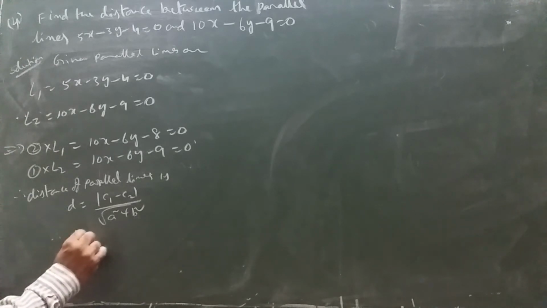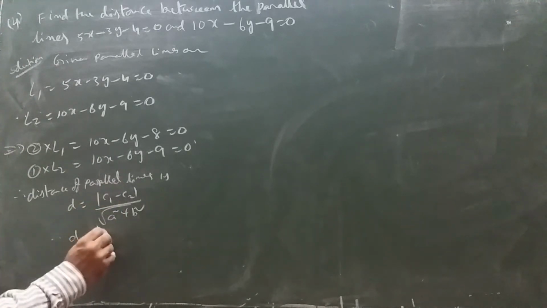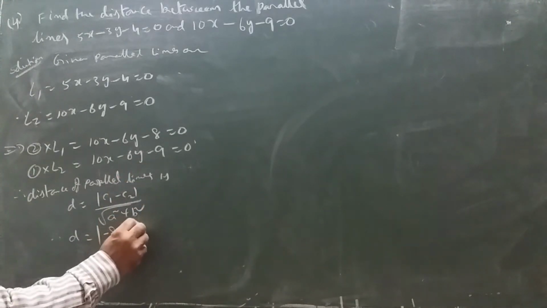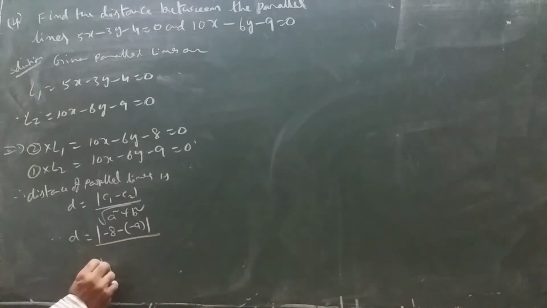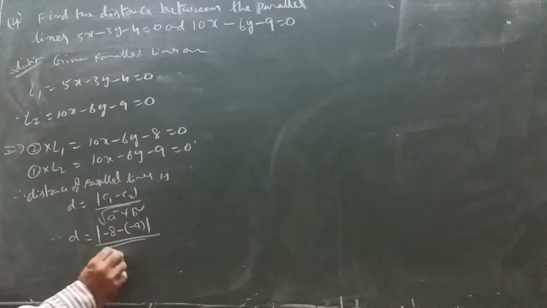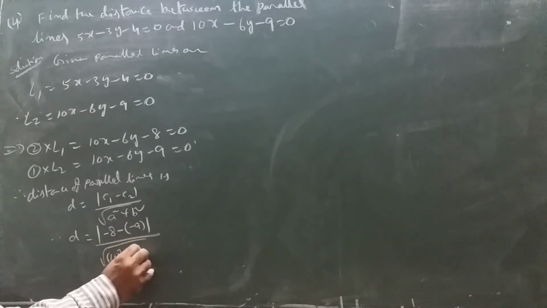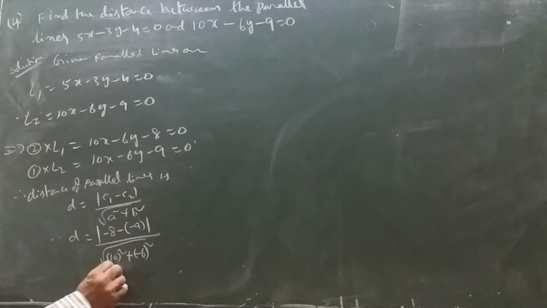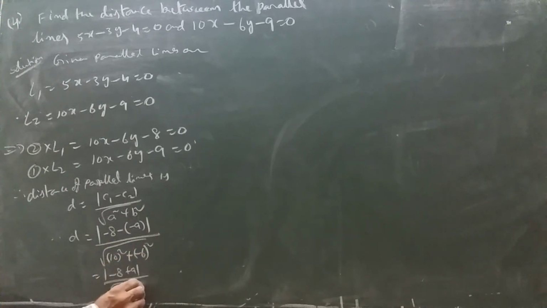Therefore, by using the values, d is equal to mod of minus 8 minus of minus 9 by root of a square, that is 10 square, plus b square, that is minus 6 whole square. That implies mod of minus 8 plus 9 by root of 10 square, that is 100, plus 6 square, that is 36.